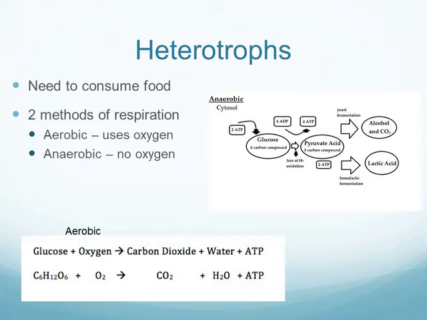So aerobic bacteria need to use oxygen in order to do their respiration, basically. So humans are an example of an aerobic heterotroph, because we need oxygen in order to respire.